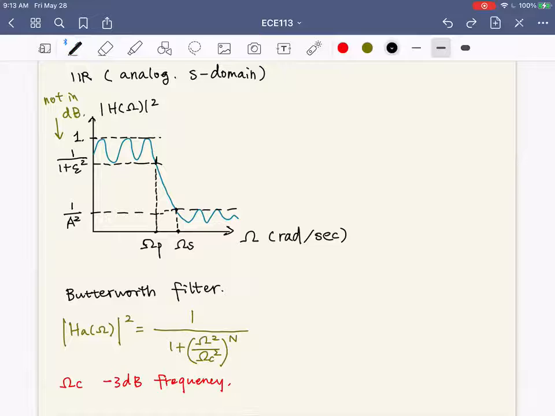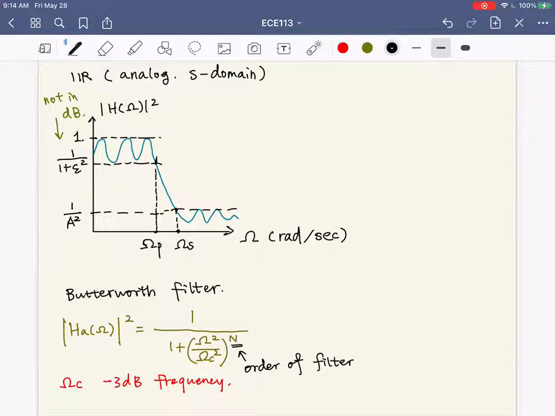You'll see that the n still remains unknown, and n is the order of the filter, and it highly determines the characteristics of the filter, right? So when your n changes, the sharpness of your filter also changes, and you have seen the comparison between filters with different n in your lectures.